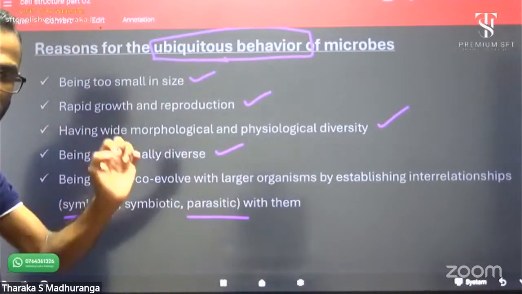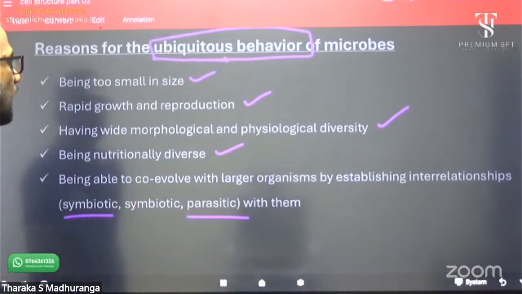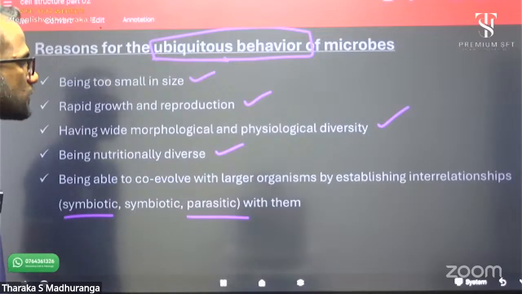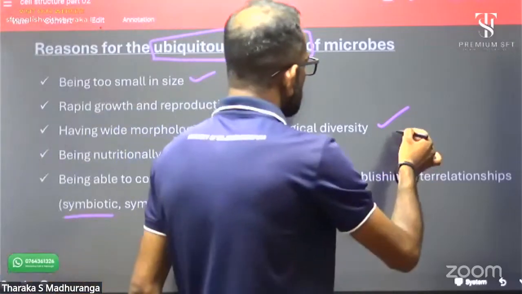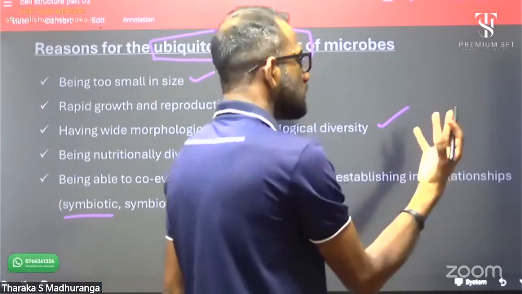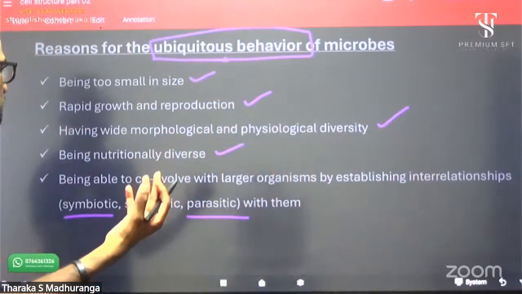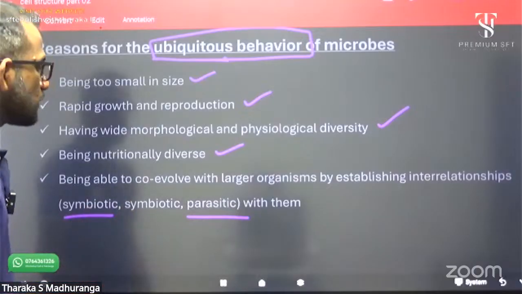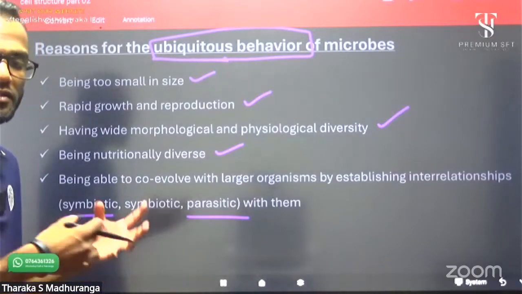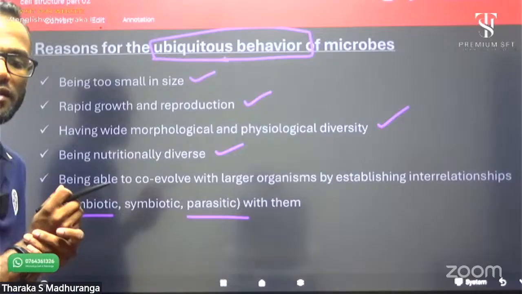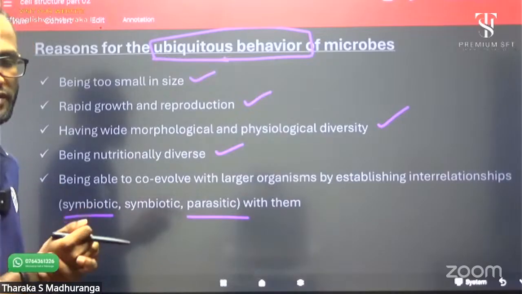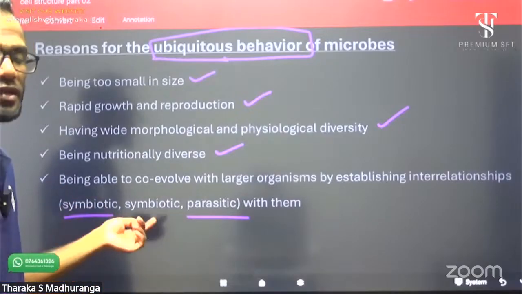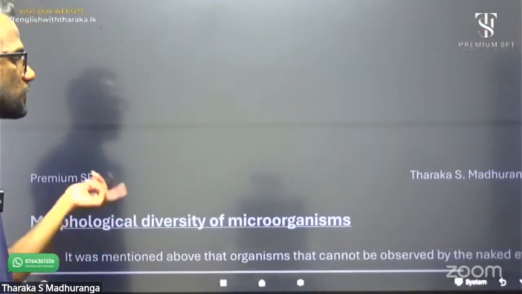They have very small cell size, rapid growth and reproduction rate, and wide morphological and physiological diversity, meaning respiratory diversity and nutritional diversity. I will explain later. And they make symbiotic and parasitic relationships with other macroorganisms.